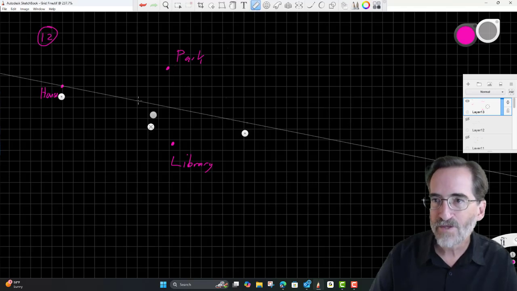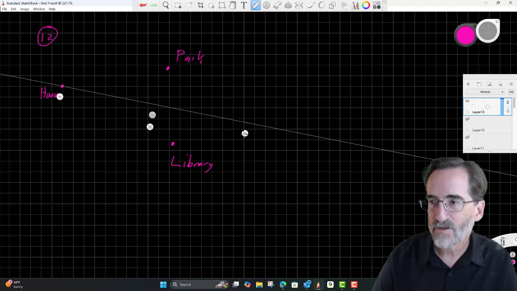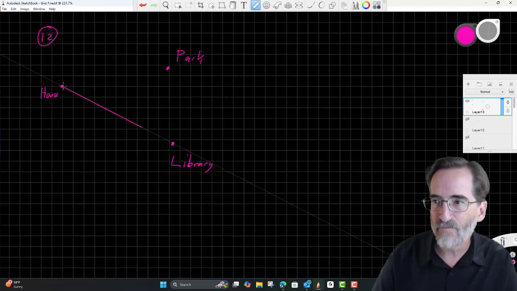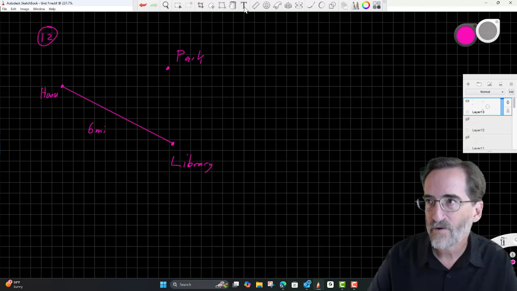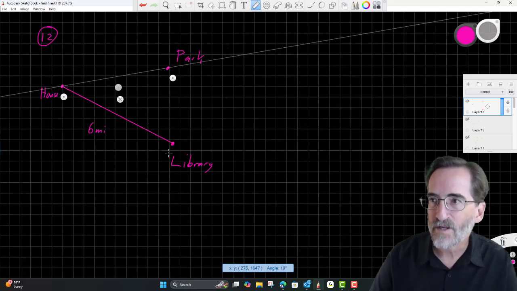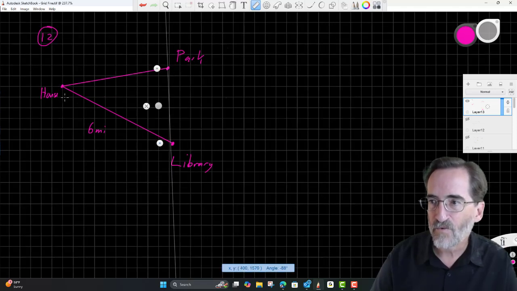The question is asking, what does the triangle inequality say about this situation if the distance from the house to the library is 6 miles? The triangle inequality says that any two sides must add to more than the third side by itself. So here's what the triangle inequality says about this situation.